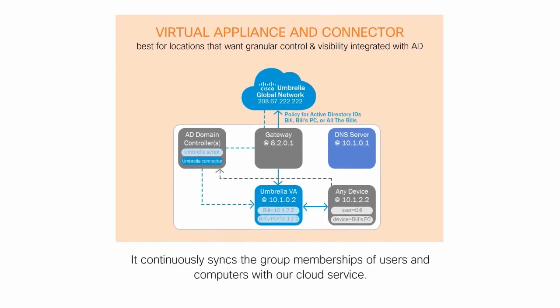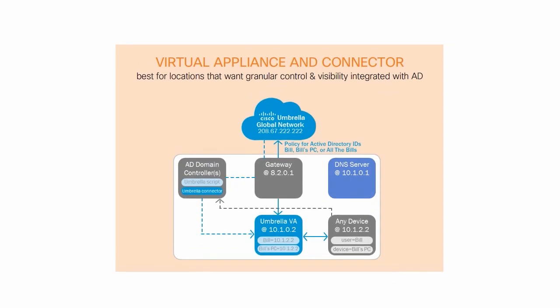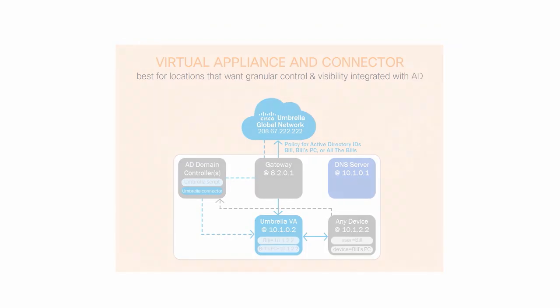First, it continuously syncs the group memberships of users and computers with our cloud service. And second, the connector service views the local IP that users and computers authenticated from and sends those mappings to our virtual appliances. The virtual appliance can now embed a unique identifier that our cloud service will translate for control and visibility per AD user or computer.